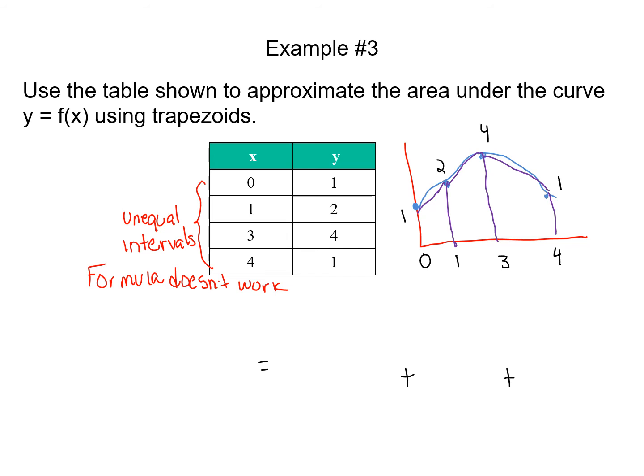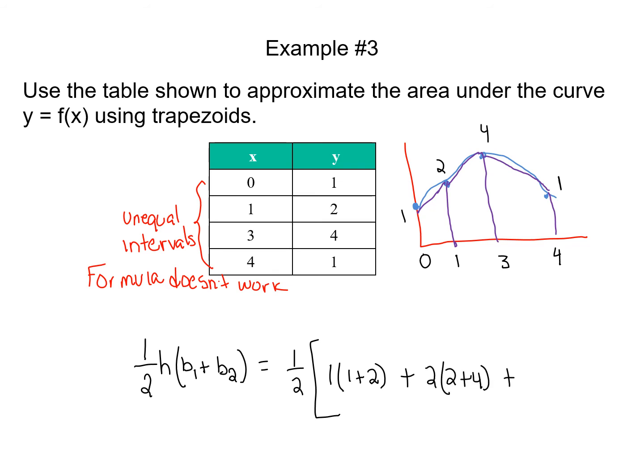So for that first trapezoid, my y values, my B1 and B2, will be 1 and 2. My height is 1. For the second trapezoid, B1 is 2, B2 is 4, and my height is 2.